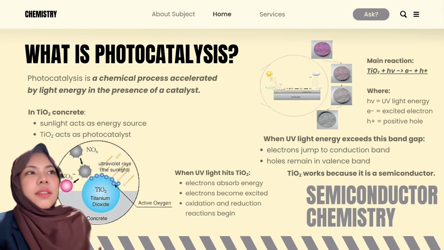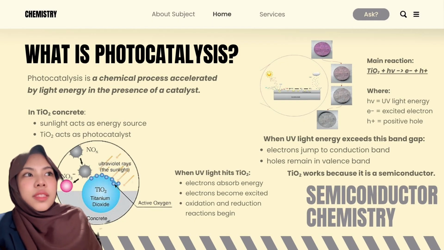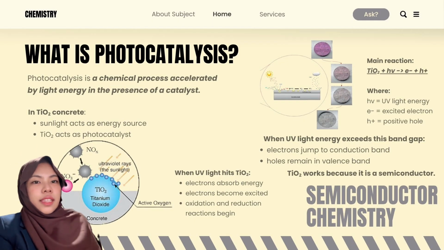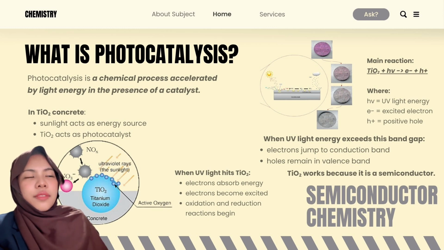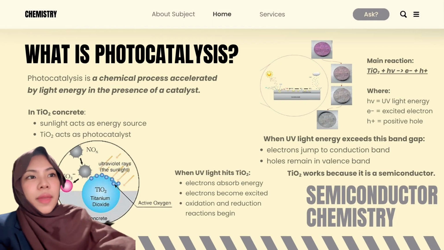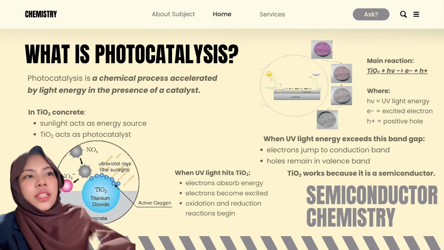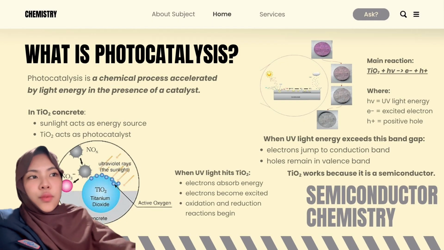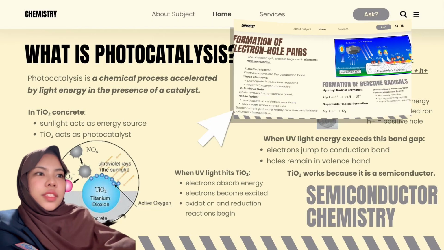You can see the main reaction is TiO2 + hν becomes e⁻ + h⁺, where hν stands for UV light energy, e⁻ is the excited electron, and h⁺ is the positive hole. When UV light energy exceeds the band gap, the electrons jump to the conduction band, holes remain in the valence band, and TiO2 works because it is a semiconductor. And we continue to the next slide.